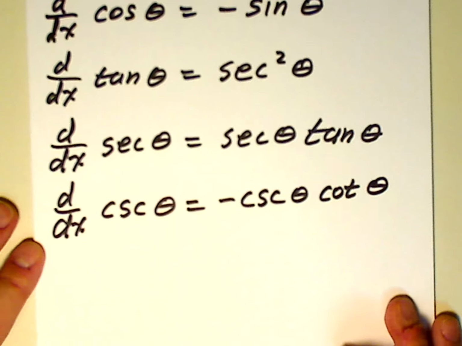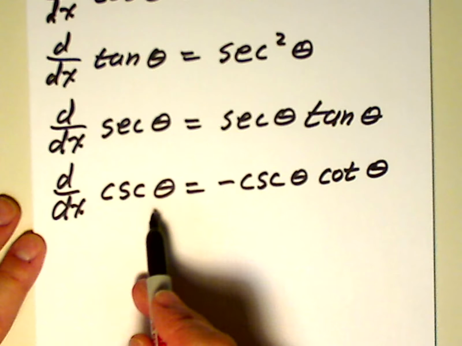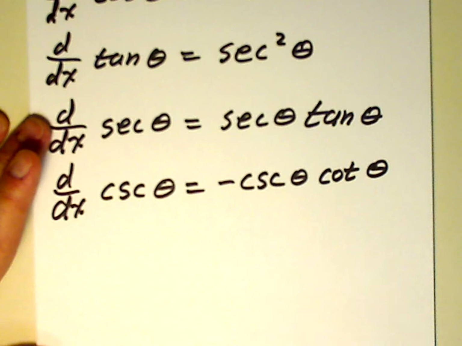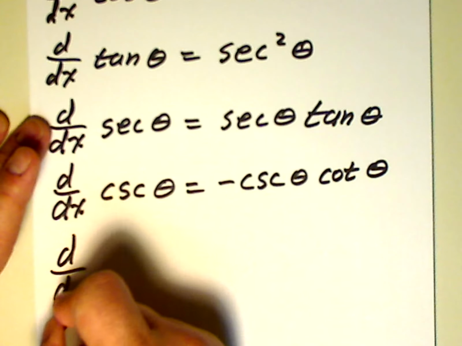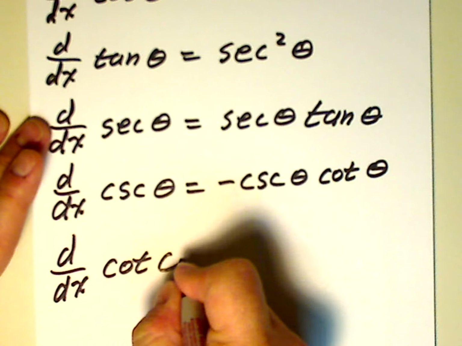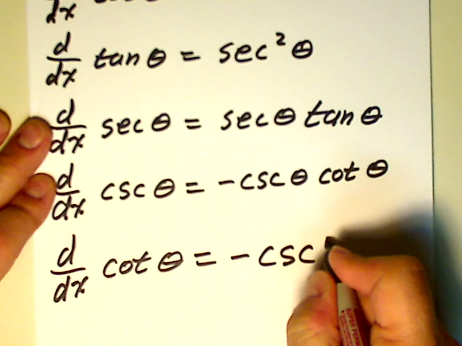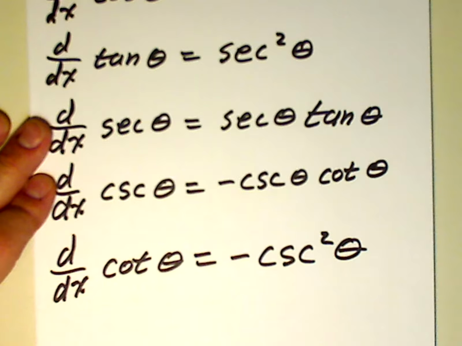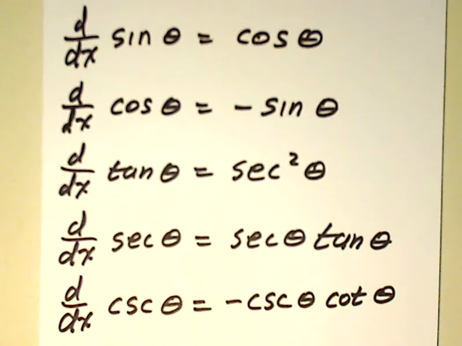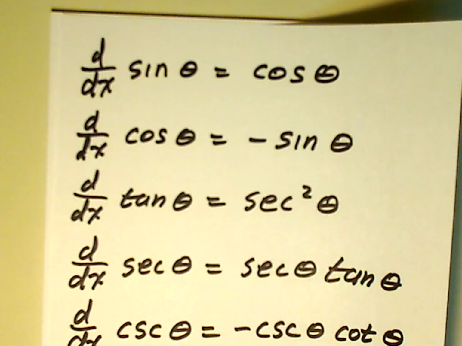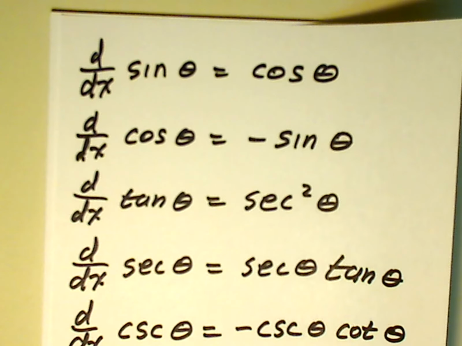Oops, sorry about that. That was right on the cusp. So the derivative of cosecant is negative cosecant times cotangent. And the derivative of cotangent theta is negative cosecant squared theta. Okay? So those are the 6 primary trig functions. I do cover inverse trig functions and the differentiation of them in a separate video.